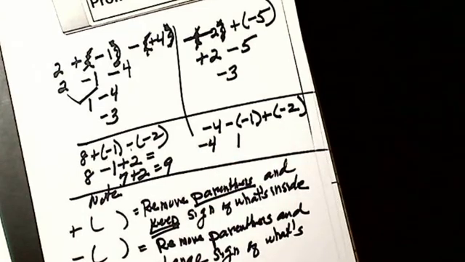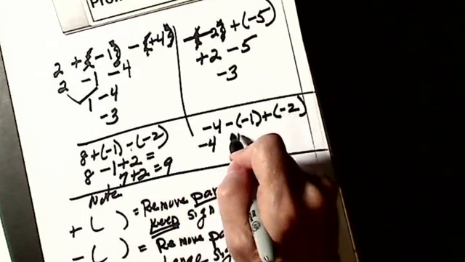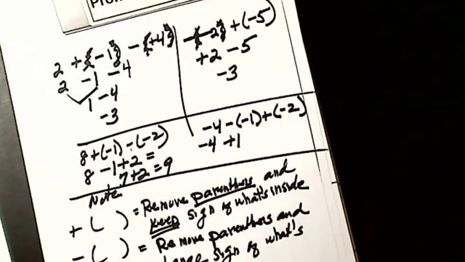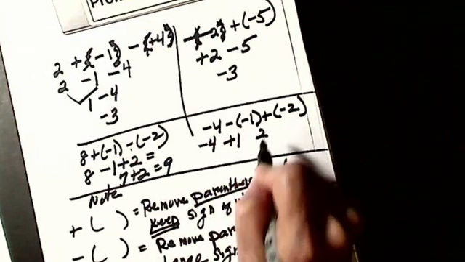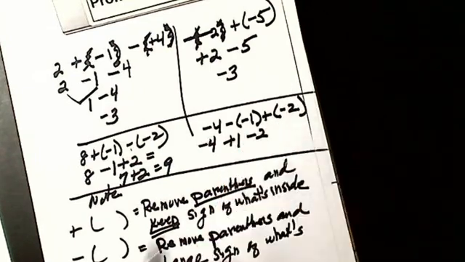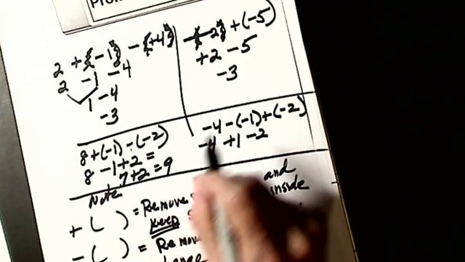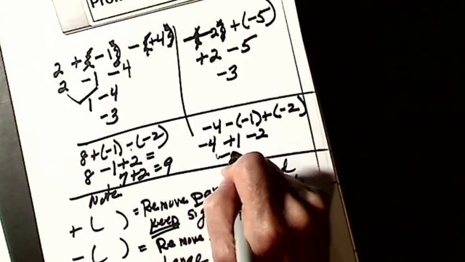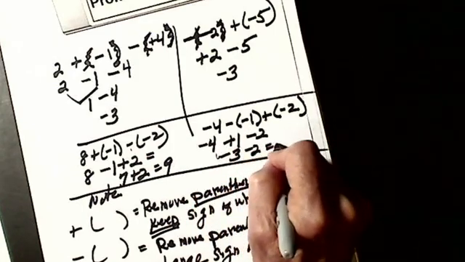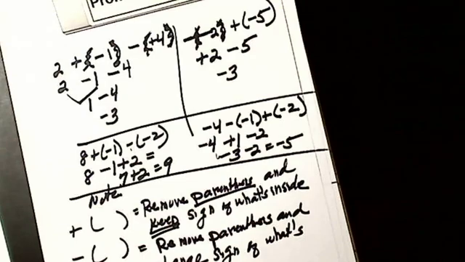I got to decide if it's positive or negative. Negative says change it. So it's a negative, now it's a positive. I'm going to have a 2. Positive says keep it. So it's a negative 2. Combine these, I get negative 3. Signs are different. Take the sign of the larger. So I'm going to get negative 5.